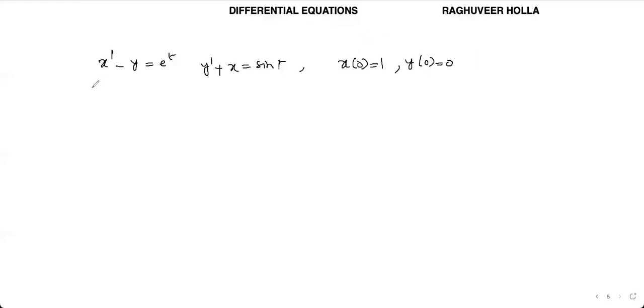Fine. So now let us apply Laplace transforms for both, right? So this looks like: this is Laplace transform of x dash minus a Laplace transform of y, which is equal to Laplace transform of e to the power of t.